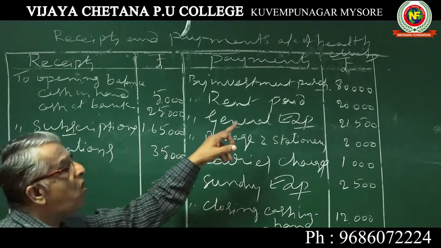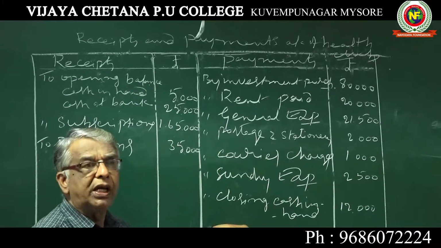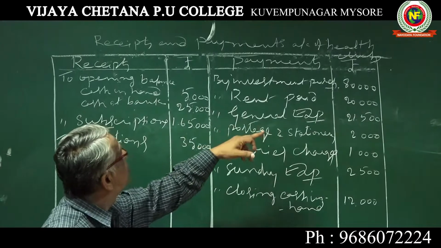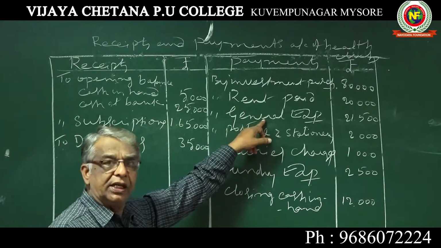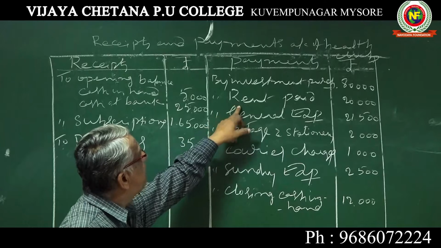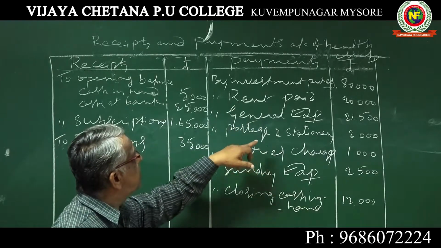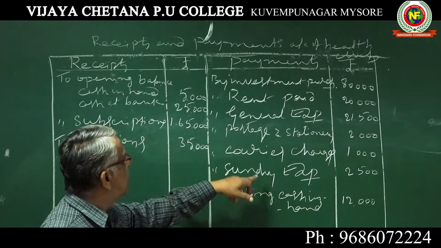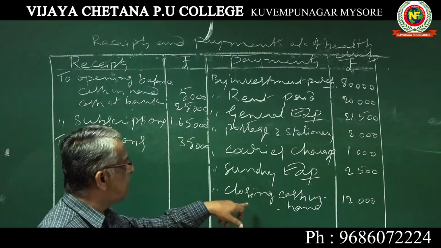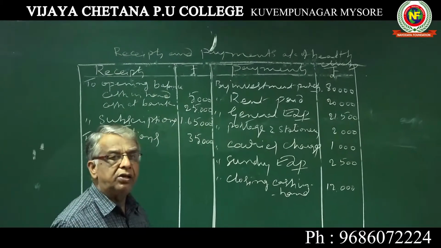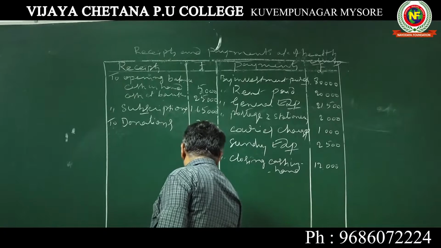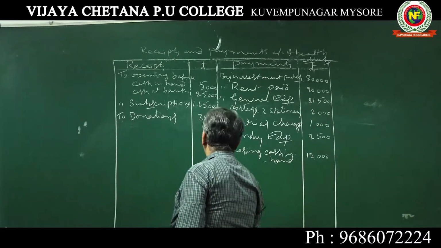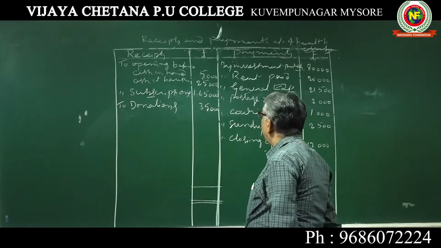And then what are all the payments made by the organization? All payments are to be shown in the payment side. That is, investment purchased, it is an asset. Rent paid, general expenses, postage and stationery, courier charges, sundry expenses and closing cash in hand. Now we have to find out the difference between these two. The difference between these two represents closing cash at bank.